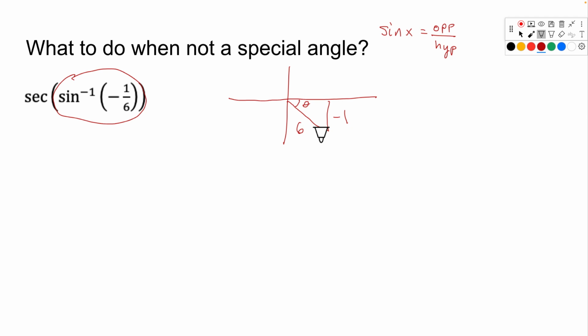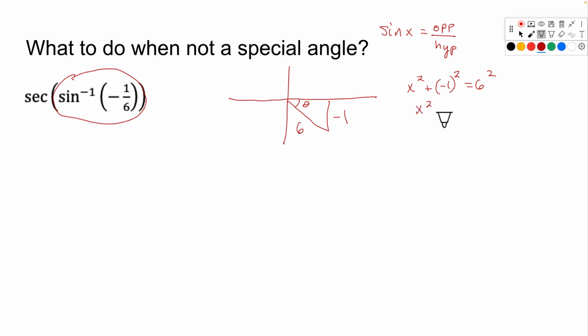We make the triangle, and then we can figure out what the x-coordinate is here using the Pythagorean theorem, right? 6 is the hypotenuse, so that means that 6 squared is equal to -1 squared, which is going to be that, and this we'll call x squared.